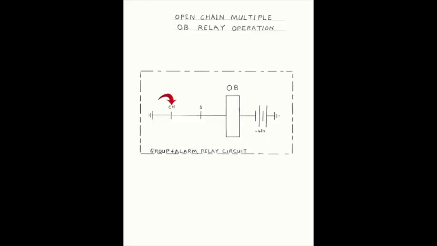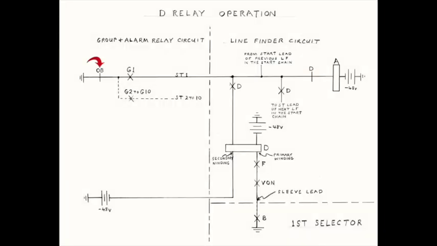With the S and CH relays released, the OB relay in the group and alarm relay circuit now operates. The operated OB relay removes ground from all start leads, releasing all D relays locked operated over their secondary windings in idle line finders, thus making these line finders once again available for selection.